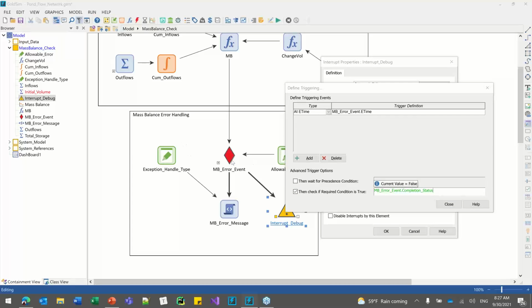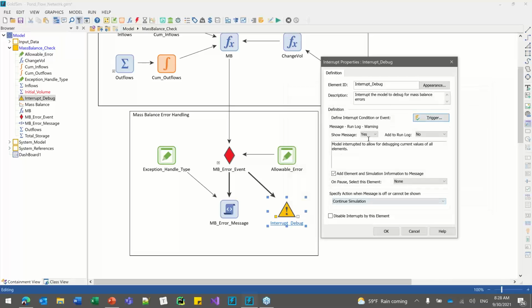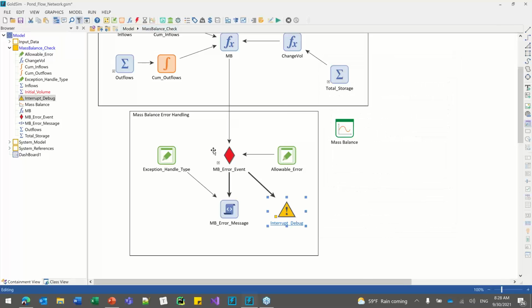So if it hasn't triggered, then don't interrupt, but only if it becomes true. When it becomes true at exactly that point in time, then go ahead and interrupt the model. Okay, so if we have a situation where there's a mass balance error, this will trigger and interrupt and pause the model, and then we can go around and browse the model and see outputs as they are at the exact moment in time in which this error occurs.